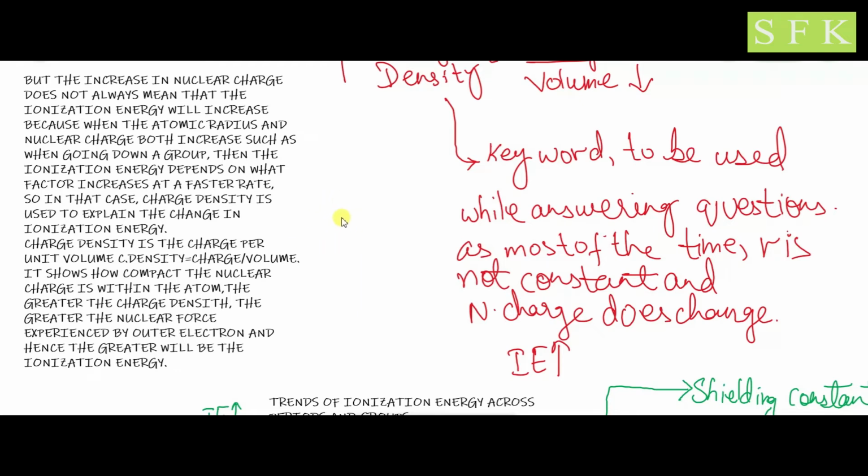The increase in radius affects the change in charge density more. So going down the group, as the radius increases, the charge density decreases because increase in charge does not have as significant an effect as the radius.